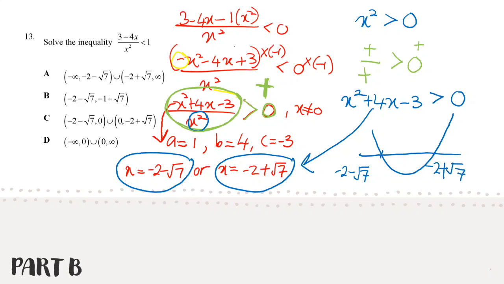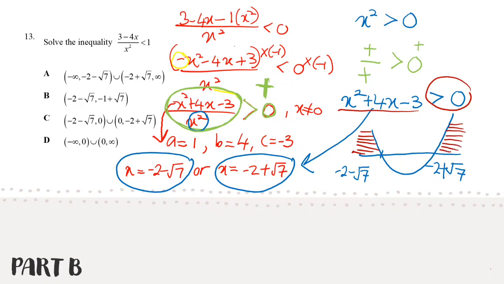Okay, so by looking at the expression, x squared plus 4x minus 3 always greater than 0, I need to shade the above part on your left, and another one, the above part on your right.